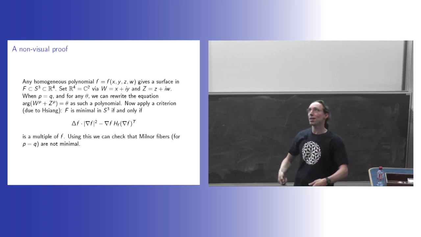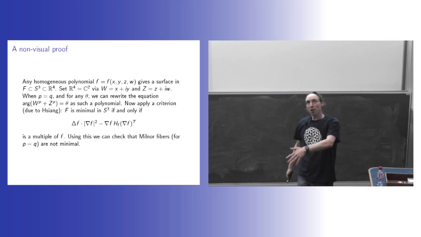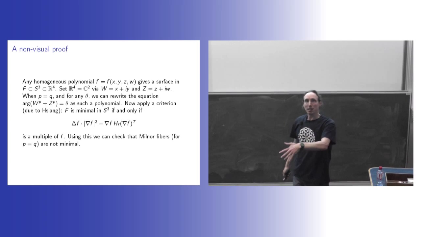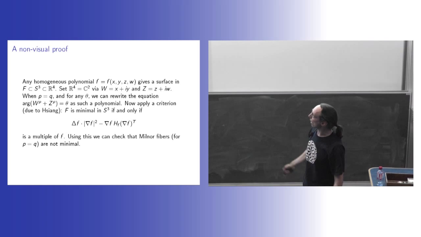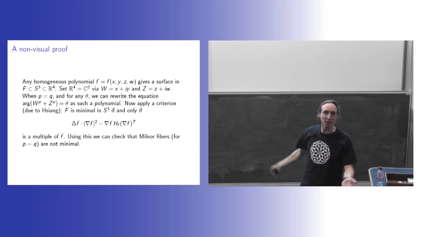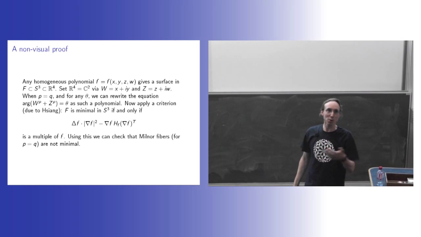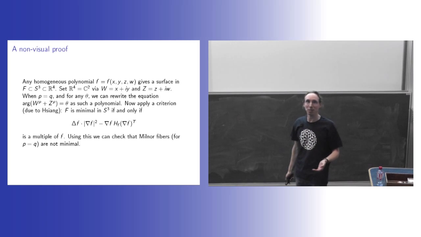The Milnor fiber is implicitly defined by some homogeneous polynomial. Anytime you have a surface defined by a homogeneous polynomial, if it's going to be minimal, this thing had better vanish mod f. And it doesn't. You can just crank through, and you can see that this is not vanishing mod f. So they're not minimal. Too bad.